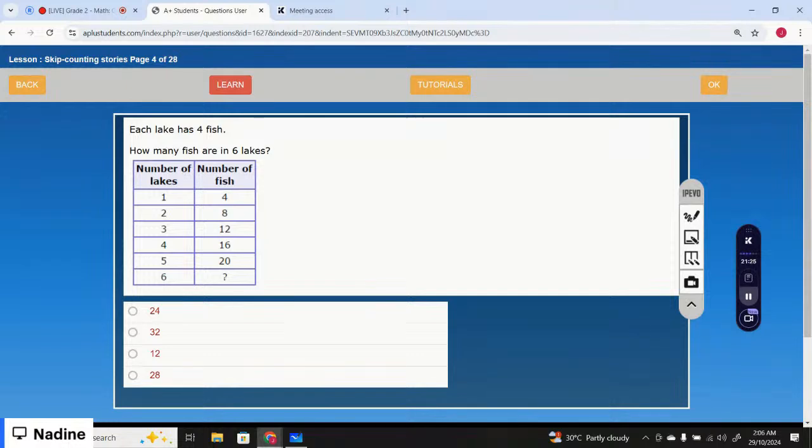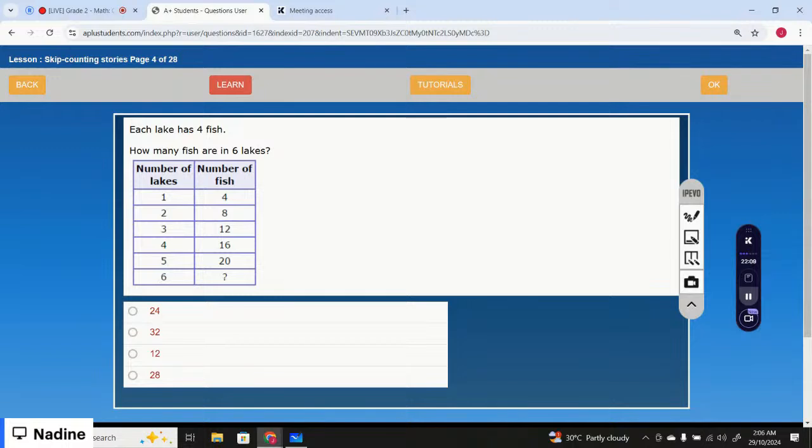Each lake has four fish. How many fish are in six lakes? So which is the correct option? The correct option is 24.